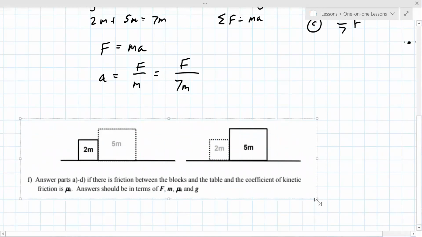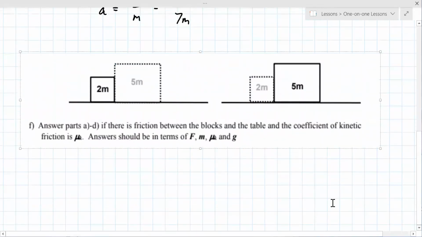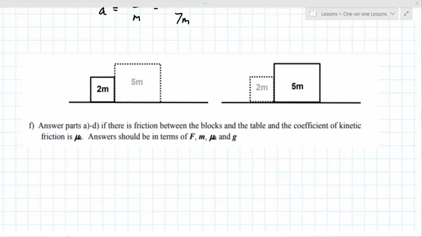Answer parts A through D. We have to start with A again. A is the same question: what is the acceleration of the more massive box? But now we have friction to deal with, so it's not as straightforward as before.